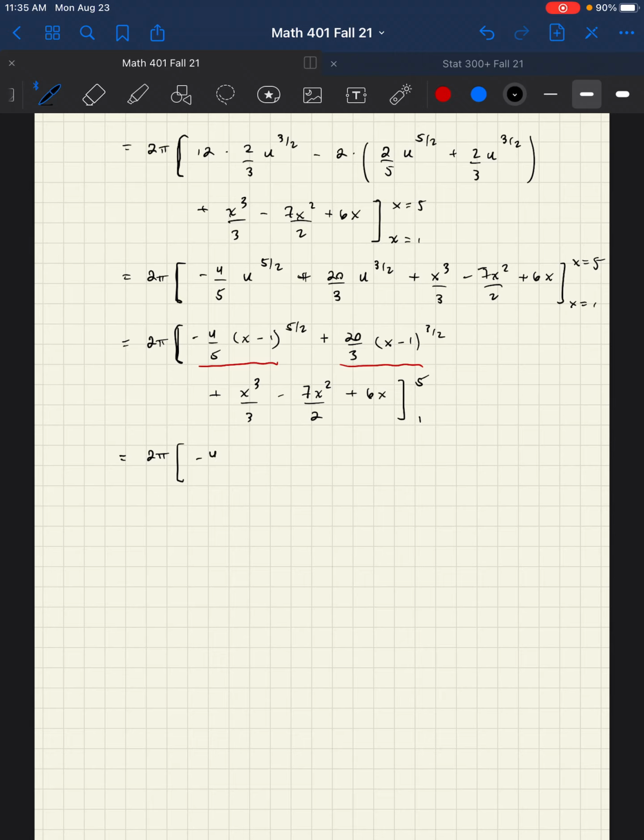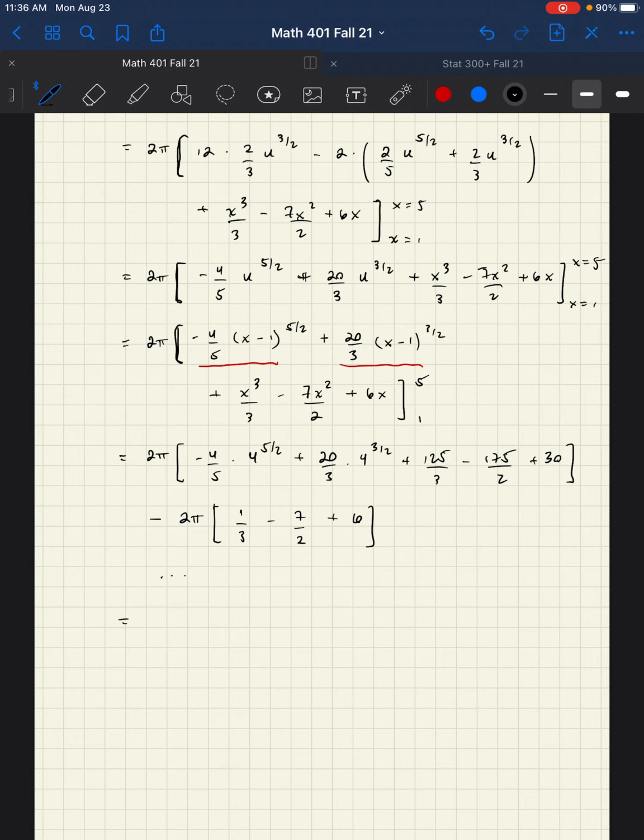And so, if you carefully follow along and plug in everything correctly, you should get 2 pi times negative 4/5 times 4 to the 5/2 plus 20 over 3 times 4 to the 3/2 plus 125 over 3 minus 175 over 2 plus 30 minus 2 pi times 1/3 minus 7/2 plus 6.